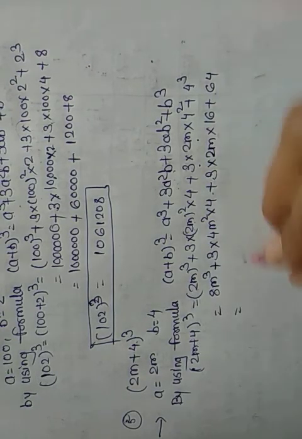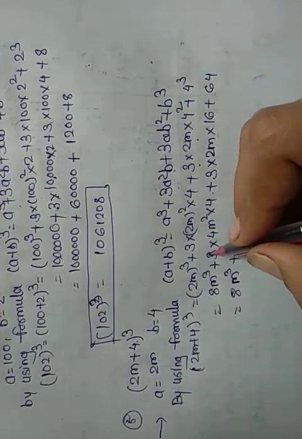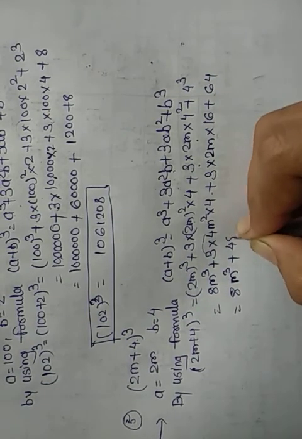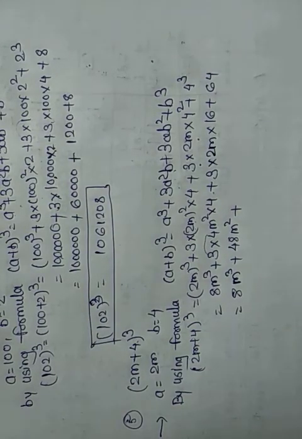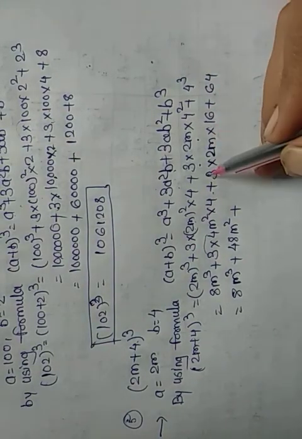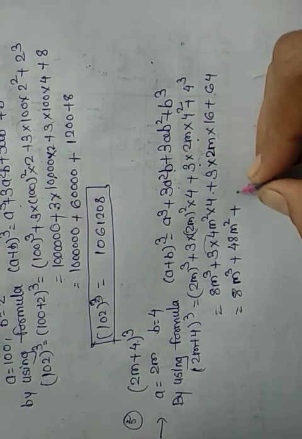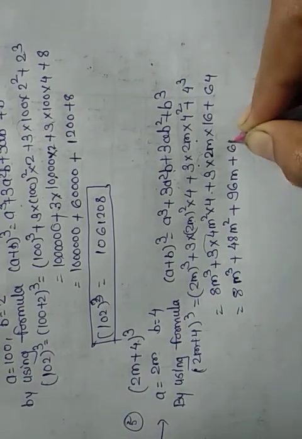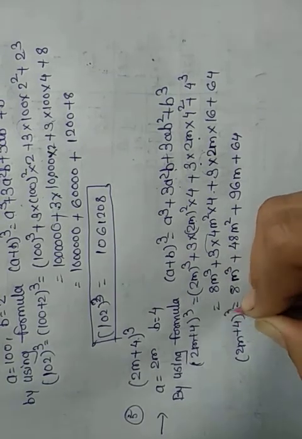Now let's multiply and add the numbers. 8m cube plus here 4 3s are 12 and 12 4s are 48m square plus 3 2s are 6 and 16 6s are 96m plus 64 is the answer of (2m plus 4) bracket cube.